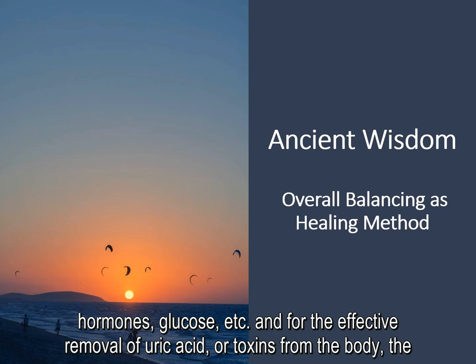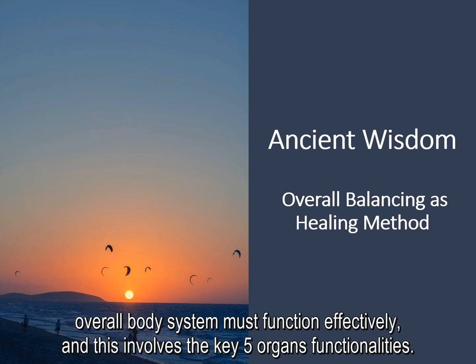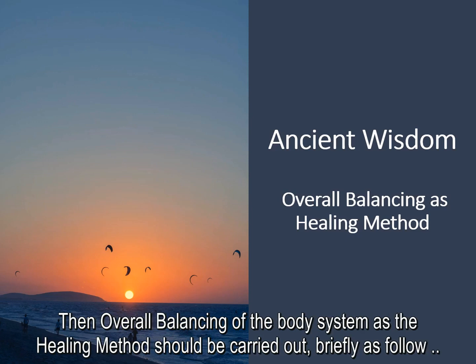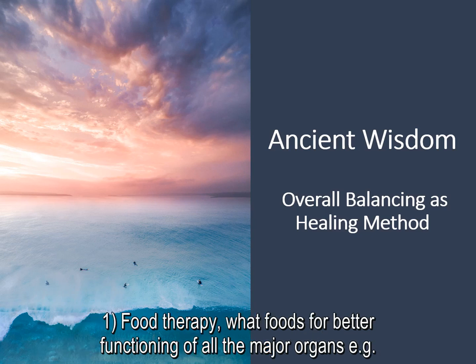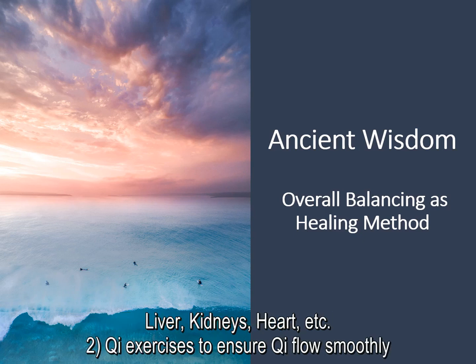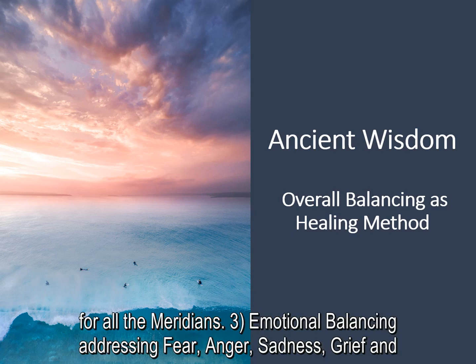Ancient wisdom also recognizes that for the production of any internal body substances, be it uric acid, hormone, glucose, etc., and for the effective removal of uric acid or toxin from the body, the overall body system must function effectively, and this involves the functionality of the key 5 organs. Then, overall balancing of the body system as a healing method should be carried out briefly as follows. Number 1, food therapy: what food for better functioning of all the major organs, for example, liver, kidney, heart, etc. Number 2, qi exercises to ensure qi flows smoothly through all the meridians.